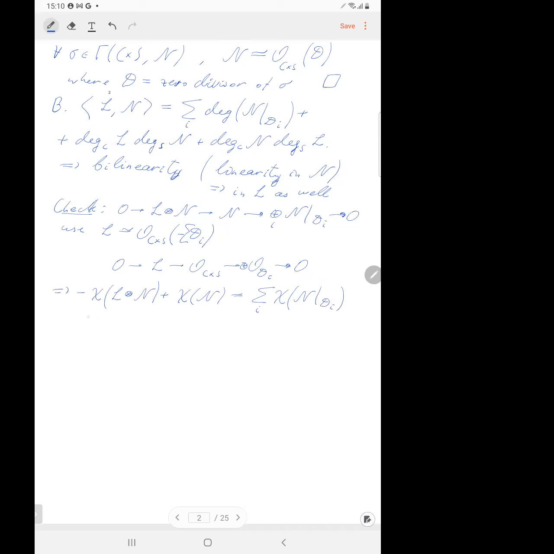And also, before twisting by n, negative chi of L plus chi of the structure sheaf equals the sum of Euler characteristics of those divisors.